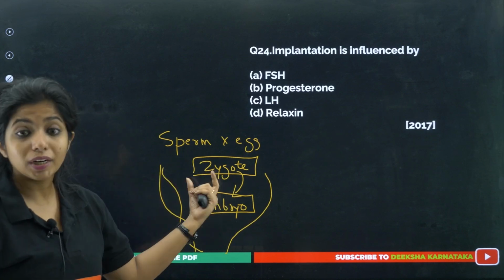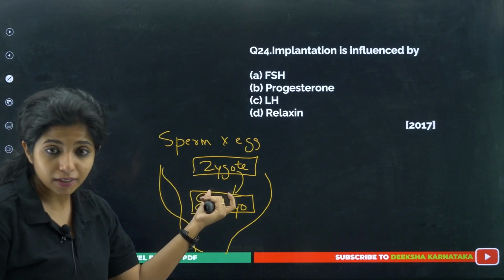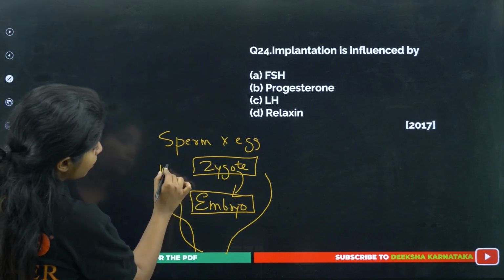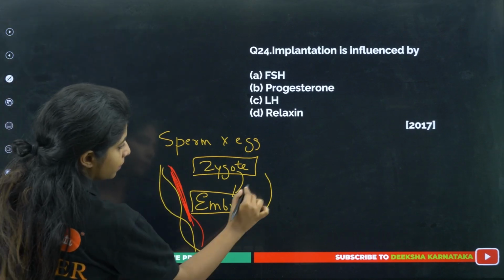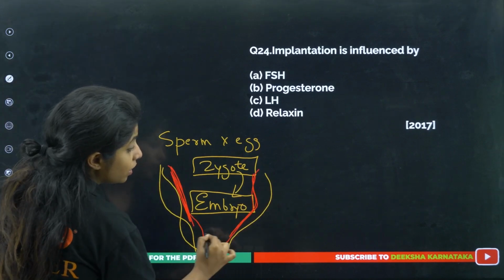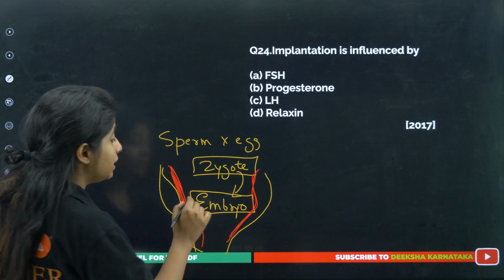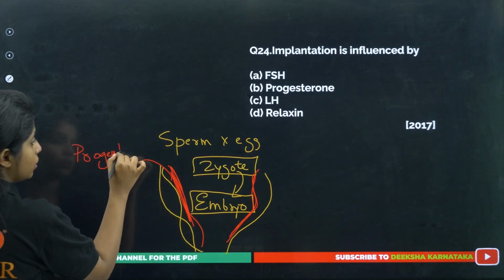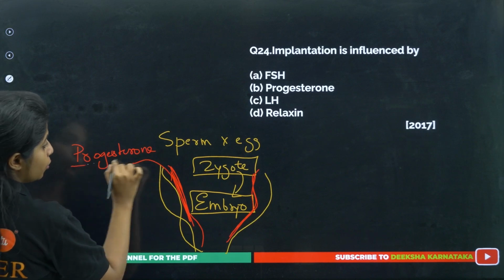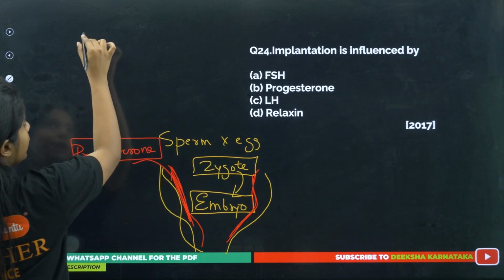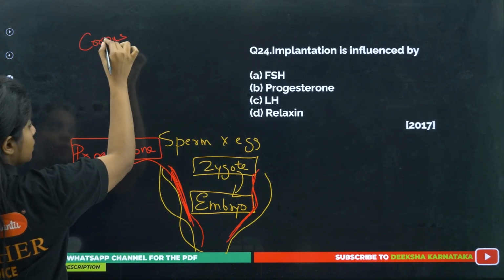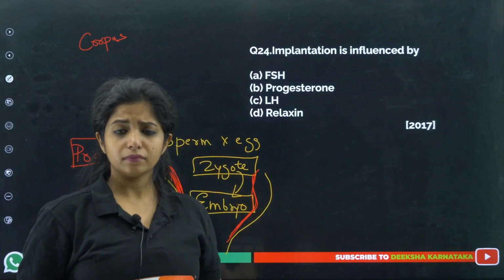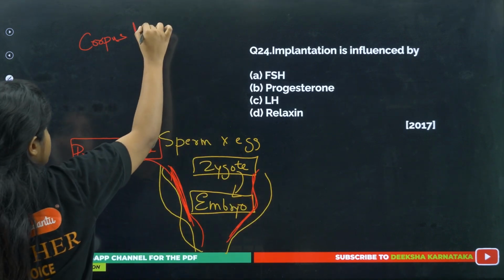For the embryo to get implanted, if fertilization has happened, the endometrium layer should be really thick, and who is responsible for maintaining that? I told you, it is progesterone, which is released by the corpus luteum. Remember, there was the Graafian follicle which broke open and gave the secondary oocyte. Now the remaining thing is known as the corpus luteum.